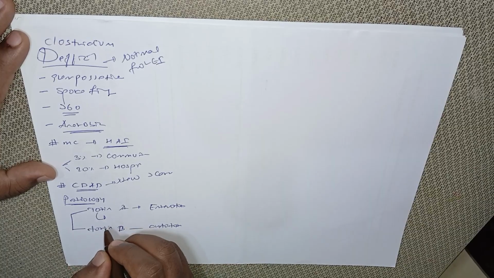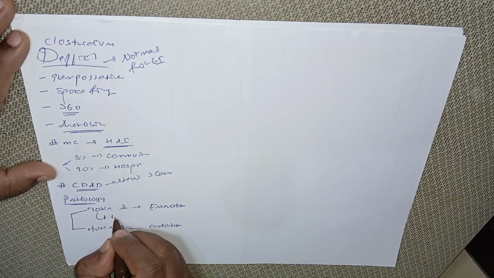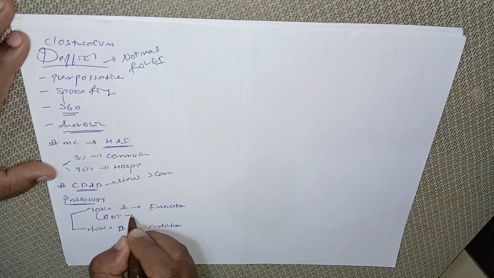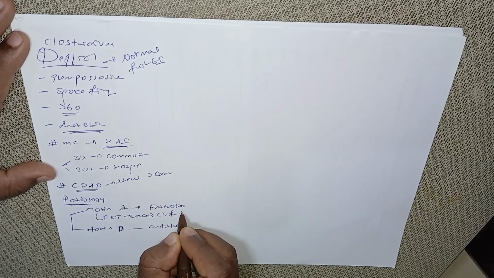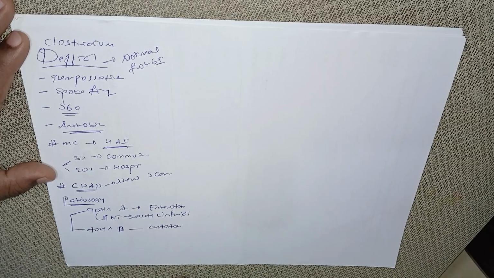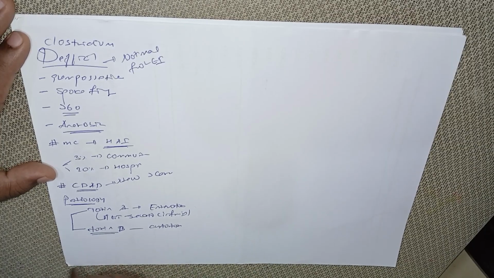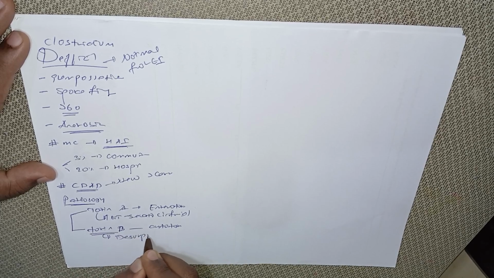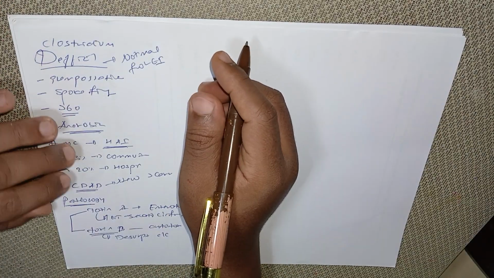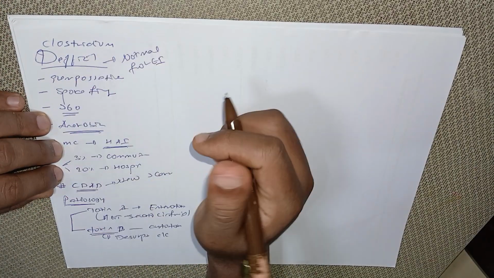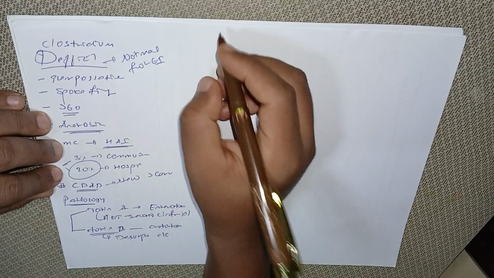Enterotoxins infect the enterocytes and increase GI secretion by causing inflammation. Toxin B disrupts the cytoskeleton. Epidemiologically, as I mentioned, it is most common in hospital acquired infection.